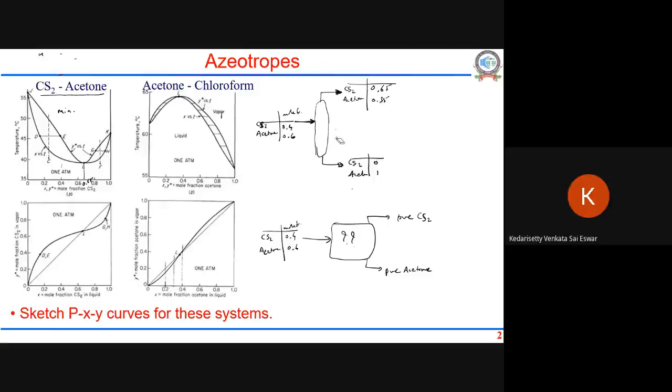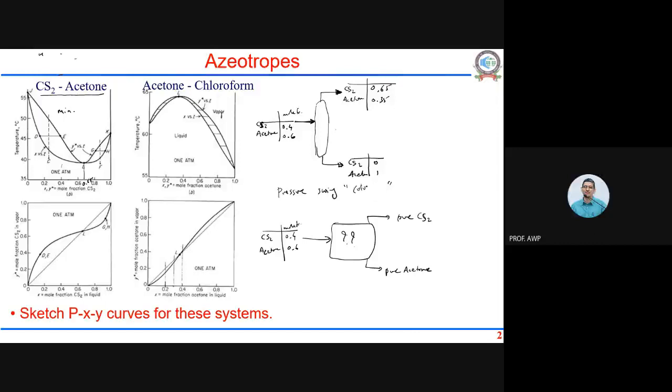Pressure swing absorption column, so that pressure can be altered. Pressure swing absorption. Absorption? There's no gas, no? They're all liquids. Pressure swing column.